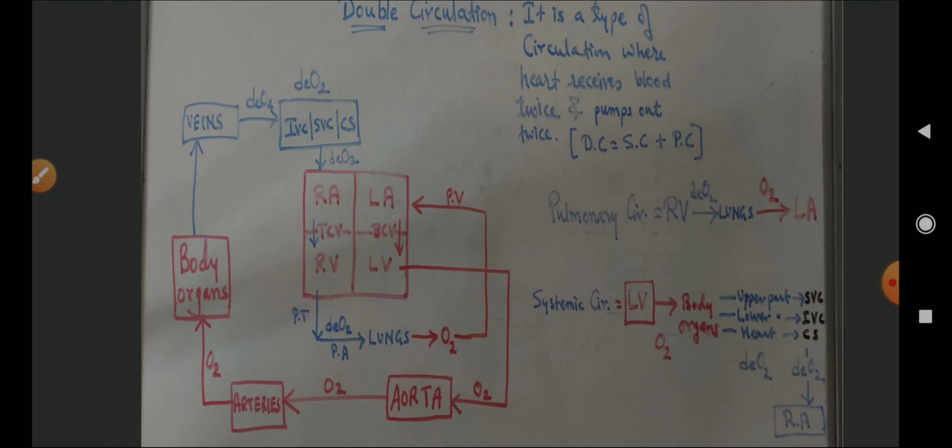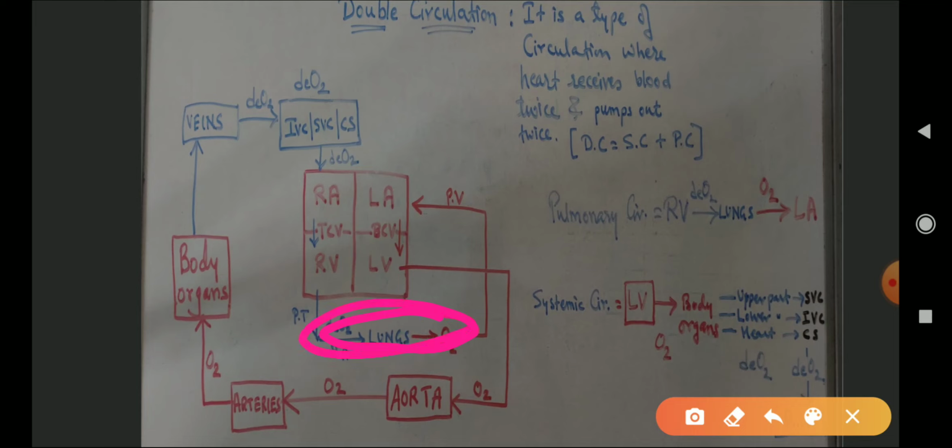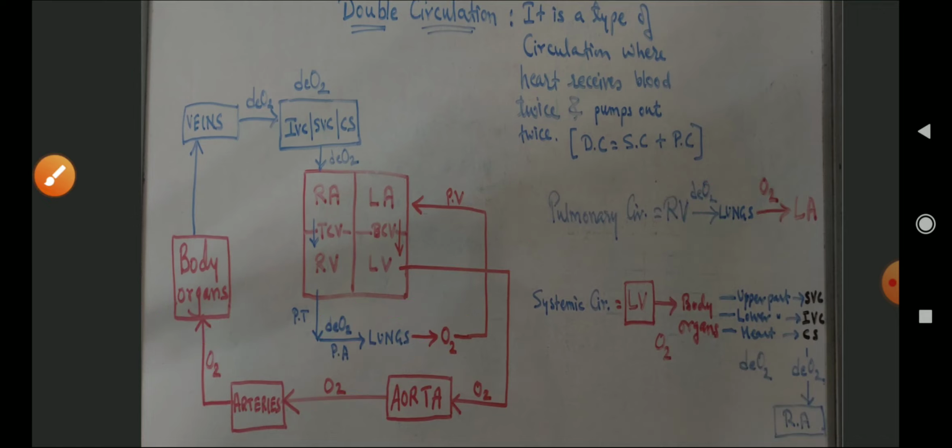If you observe carefully, in this part the lungs are separate. Here I have mentioned aorta, arteries and body organs, but the lungs are not involved, because the lungs have a special circulation, known as pulmonary circulation.